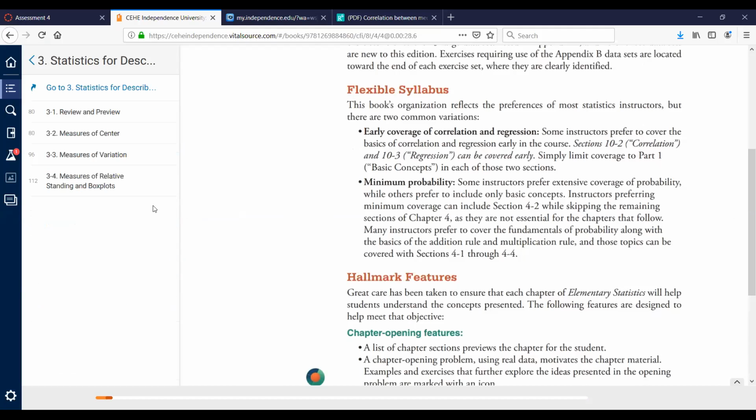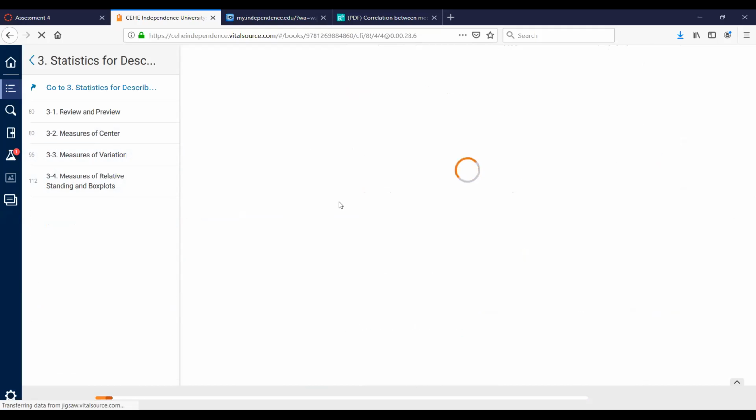Let's just see, I think this is where we want to be. Measures, I think, of variation.